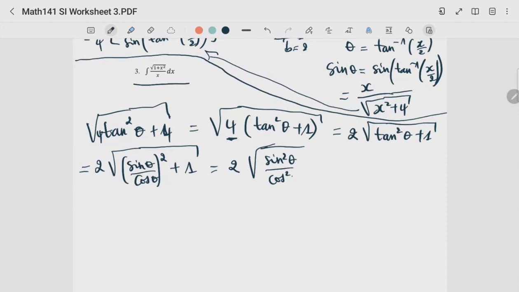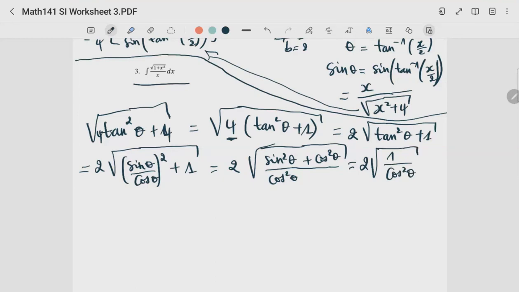But now you put it to the same denominator, and you have sine squared theta plus cos squared theta all over cos squared theta. And sine squared theta plus cos squared theta is equal to 1, right? So you have 2 multiplied by the square root of 1 over cos squared theta.